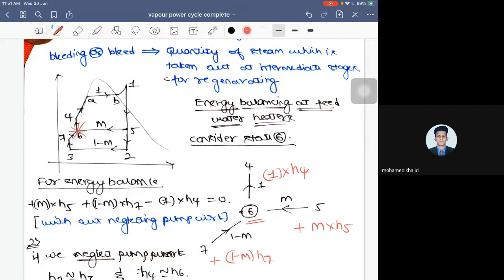Whether it is approaching state 6 or going away from state 6. Whether Mohan is right? I am talking about state 4.